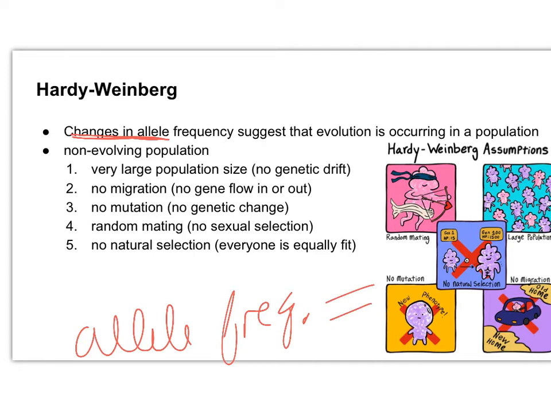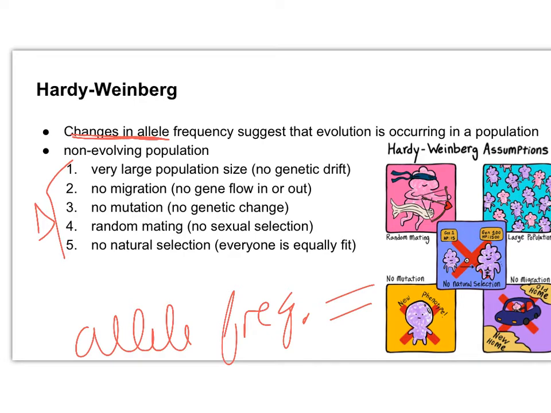Some things would need to happen for that population to not evolve: you've got to get rid of everything that could cause change, which is all of these things here. All of those things could lead to evolutionary change in particular, which could cause my allele frequencies to shift. So if my population is not evolving, then I need to keep those allele frequencies the same.